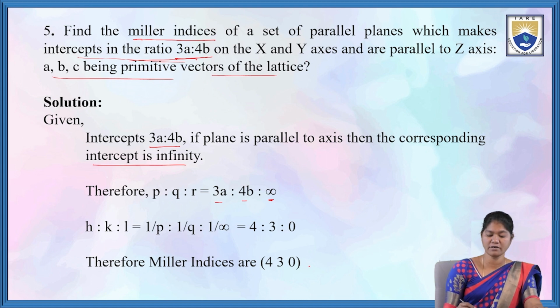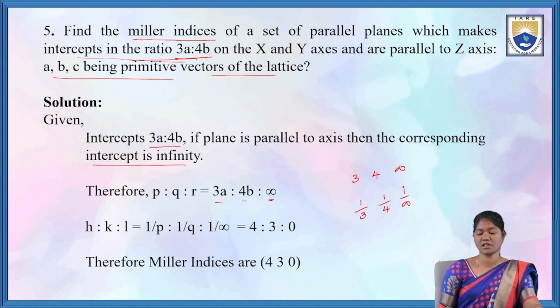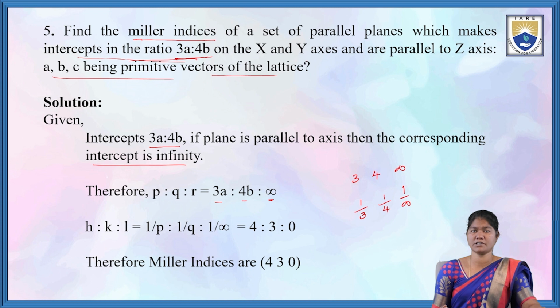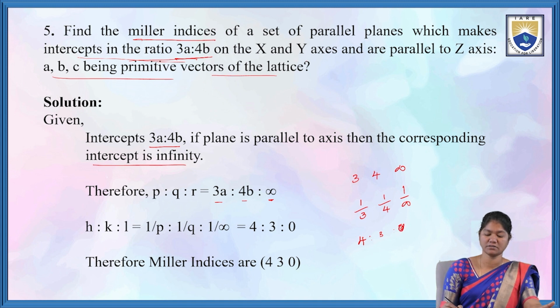So here the values are 3, 4 and infinity. Then we take the reciprocals 1 by 3, 1 by 4 and 1 by infinity. Then by taking the LCM we get 4, 3, and 1 by infinity is 0. We indicate this in closed brackets, so this represents the Miller indices.